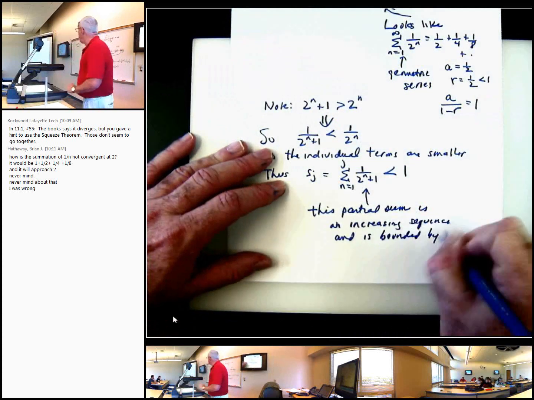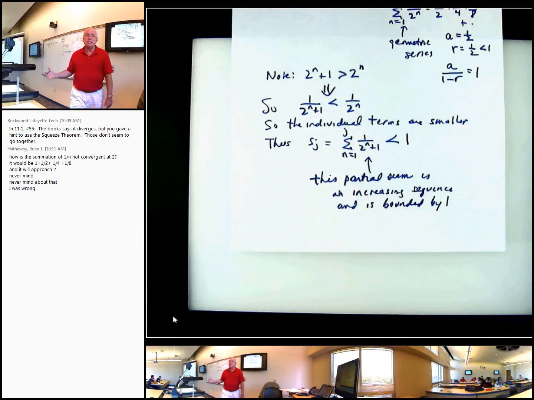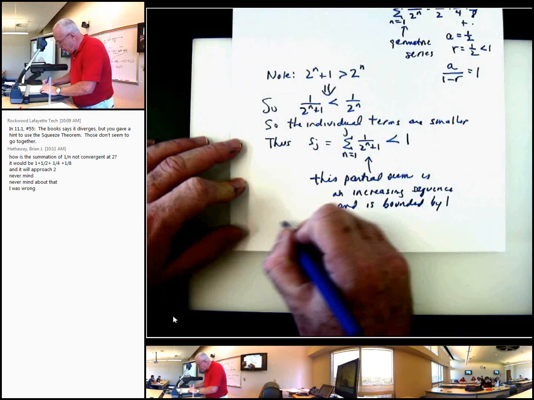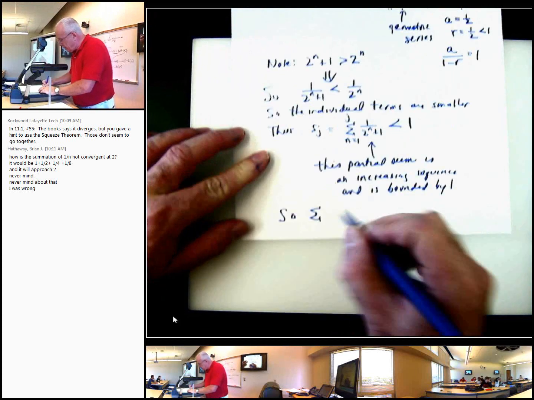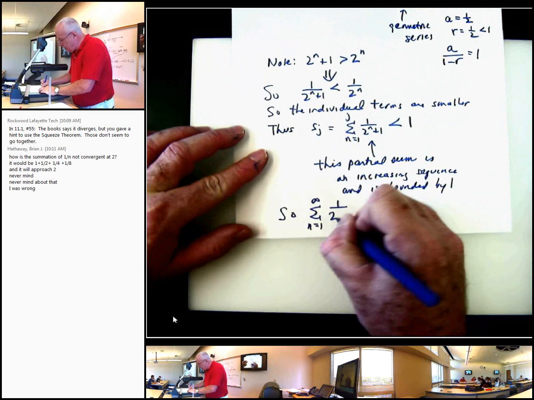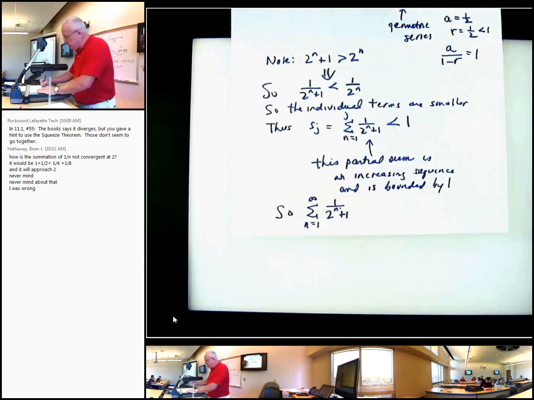It's bounded at the top. So if we have something that's increasing and bounded at the top, we know that it converges. So this summation of n equals 1 to infinity of 1 over 2 to the n plus 1 must converge.